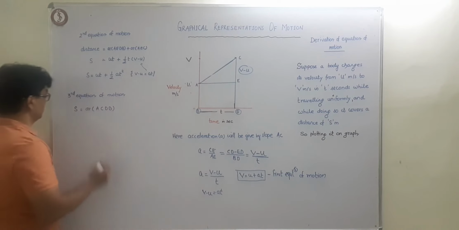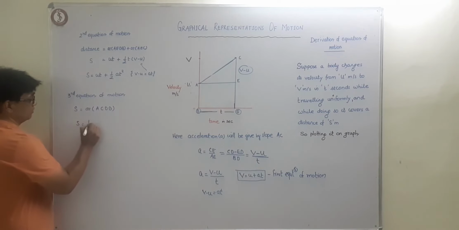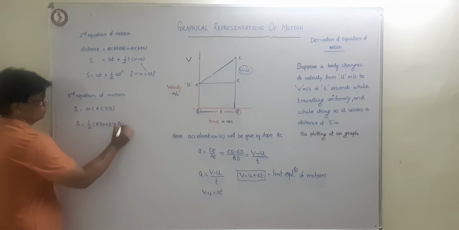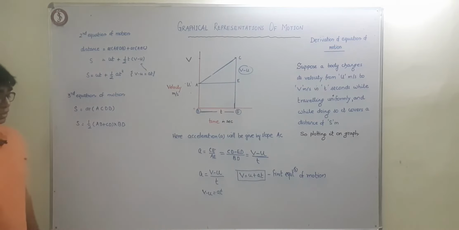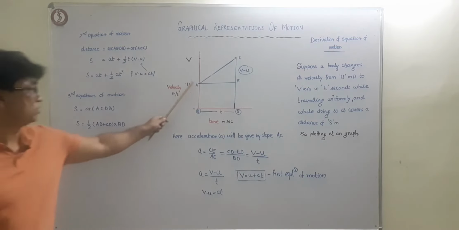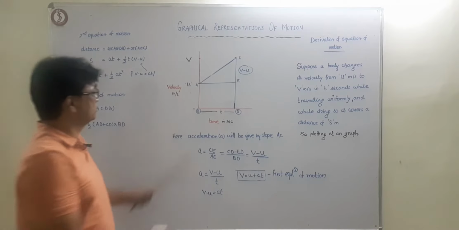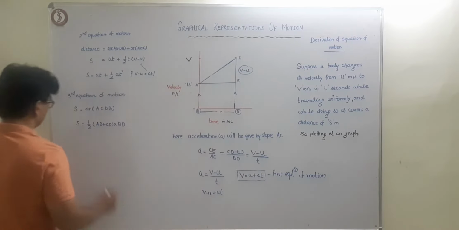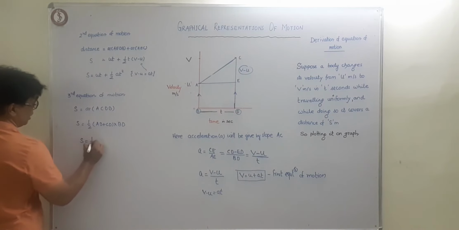So what is the area of a trapezium? Half the sum of parallel sides, AB plus CD, into the distance between them, that is BD. The trapezium is like this, and these two are the parallel lines.